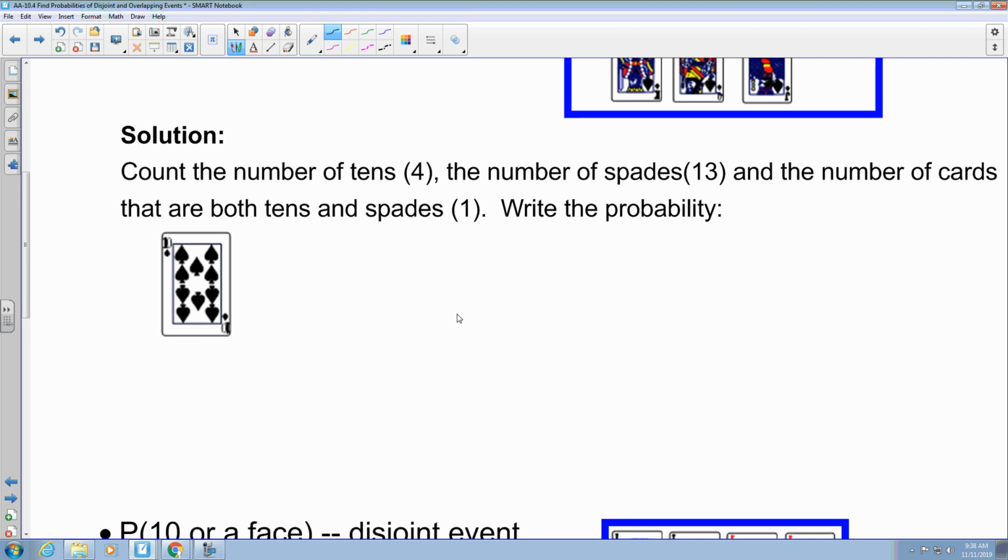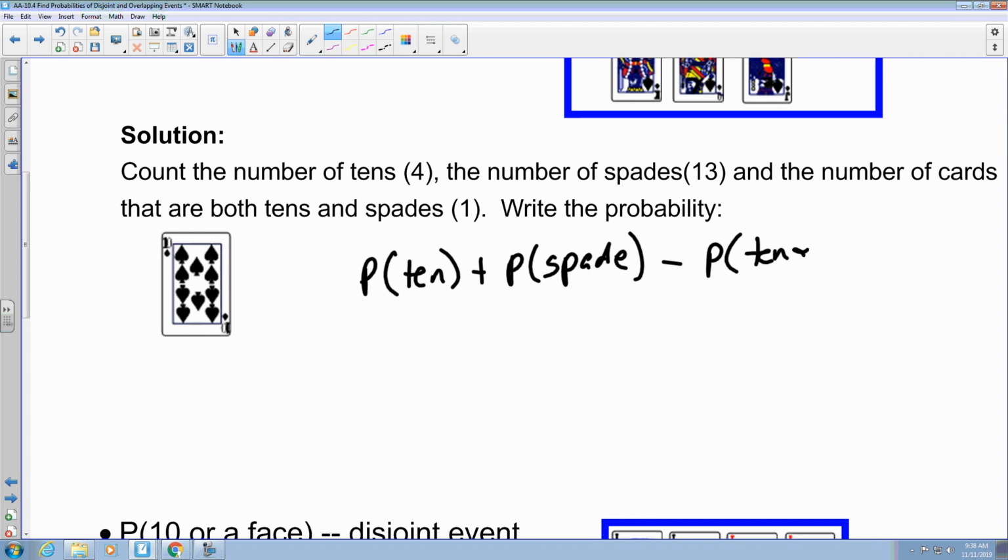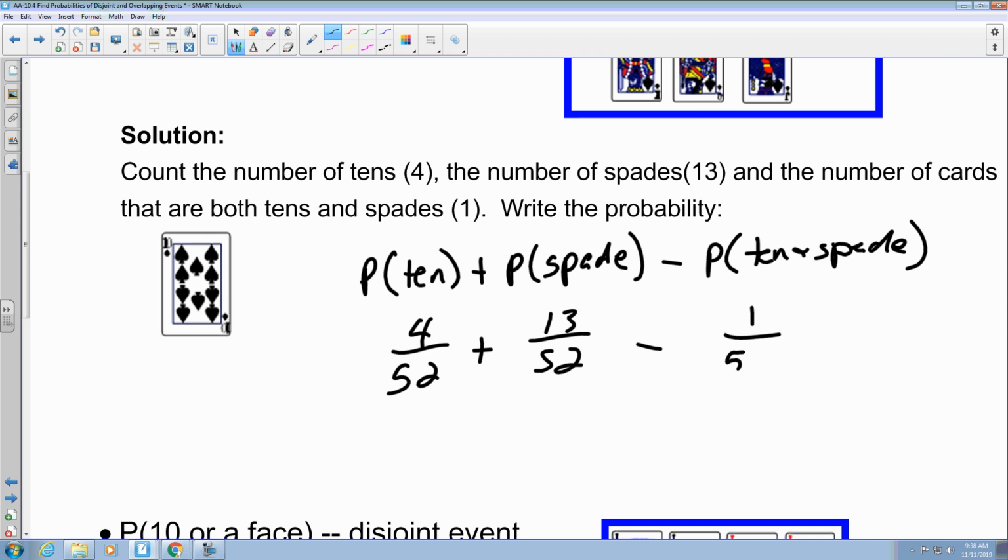So we write the probability of that. It's going to be the probability of selecting a 10 plus the probability of selecting a spade, and then subtracting the probability of selecting a 10 and spade. The number of 10s, I'm sorry, was 4, so it's 4 out of 52, plus the number of spades, which is 13 out of 52, and subtracted by what's both 10 and spade, which would be 1 out of 52.